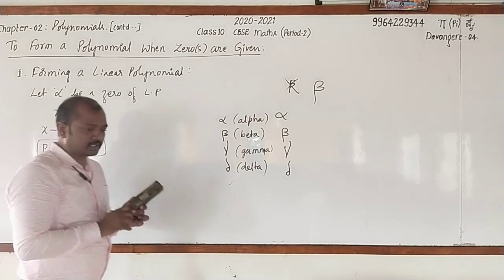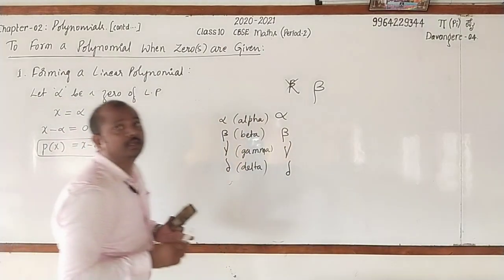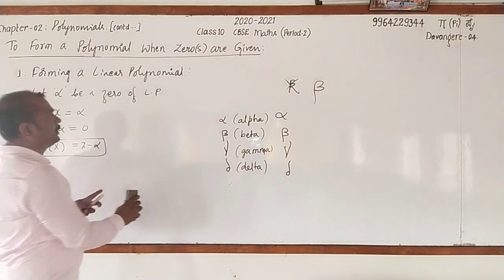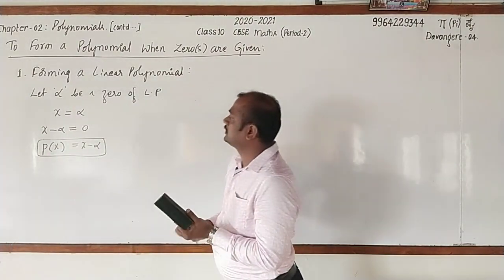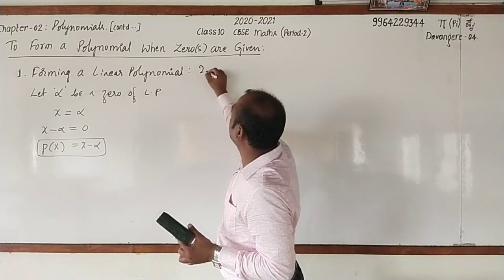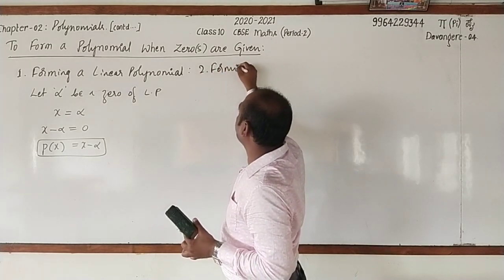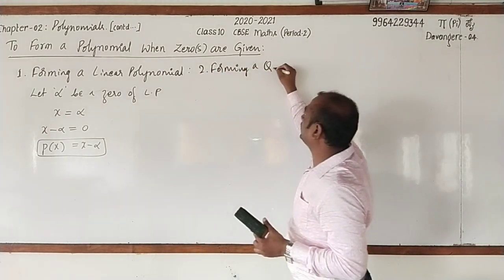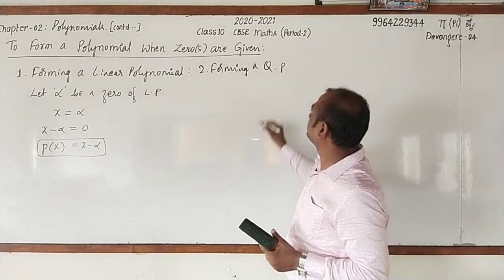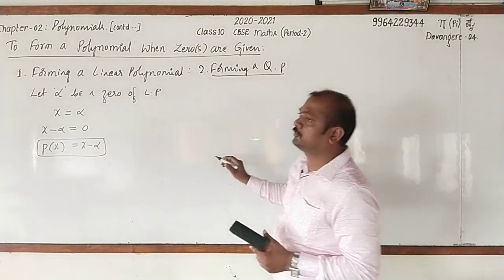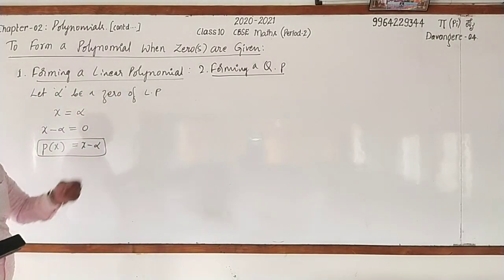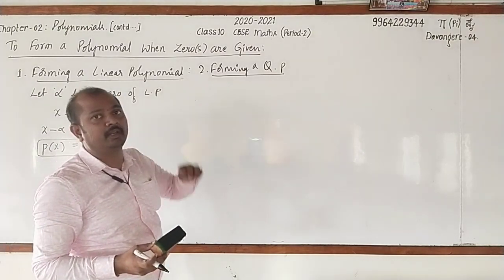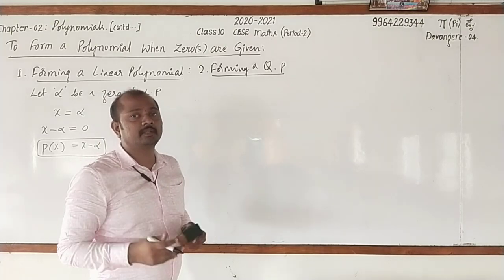Now we will move on to the second one. What is the second one? It is the quadratic polynomial. Second one is forming a quadratic polynomial. We all know how many zeros a quadratic polynomial has.